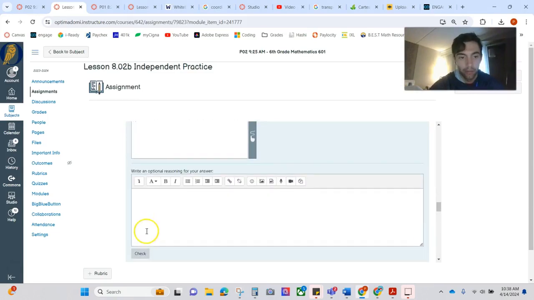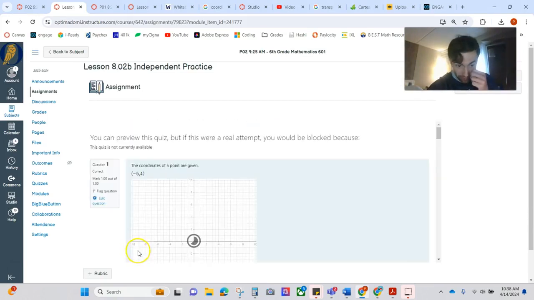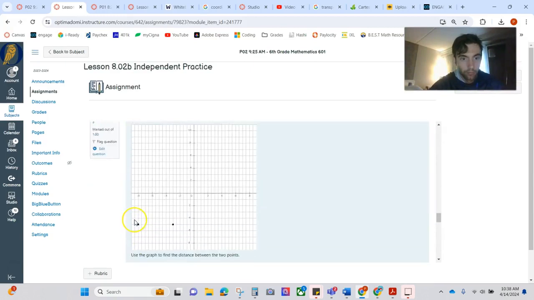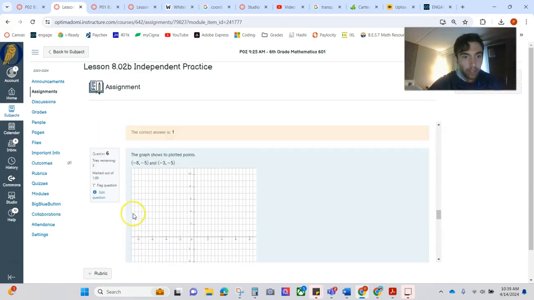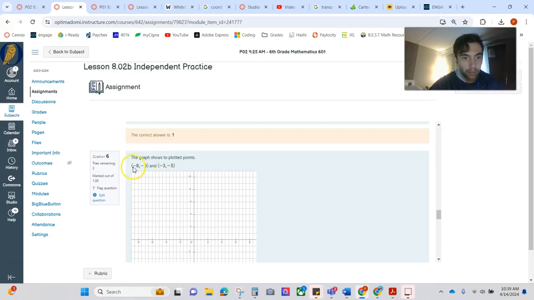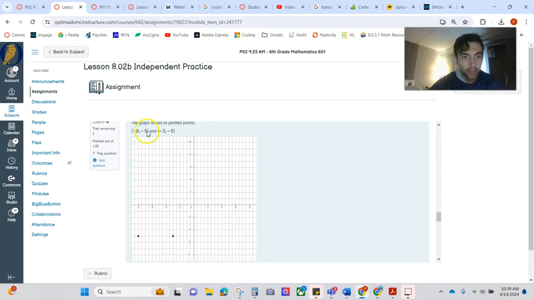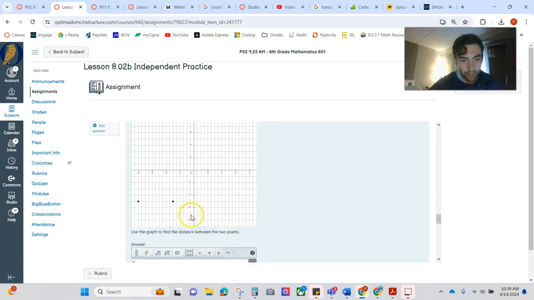Ooh, a little tricky graph on this question. The graph shows the plotted points -8, over to the left 8, then down 5 from the x-axis. Then over to the left 3 from the origin and down 5 from the x-axis.